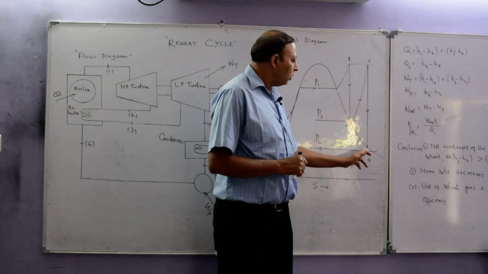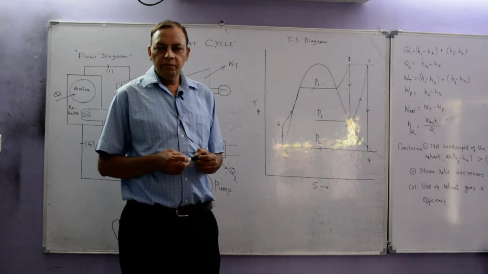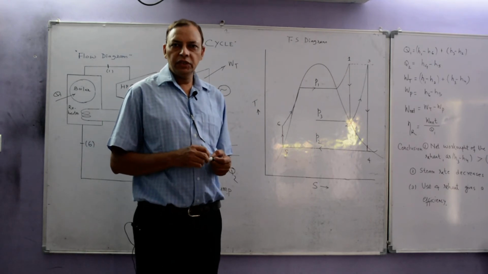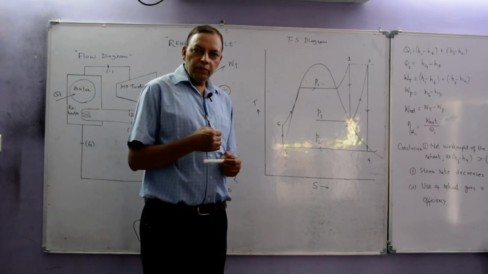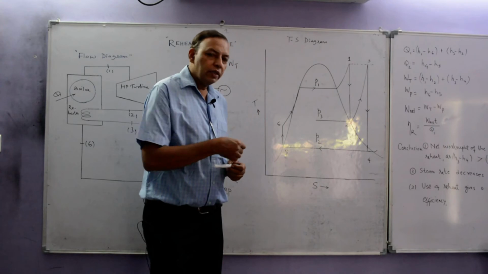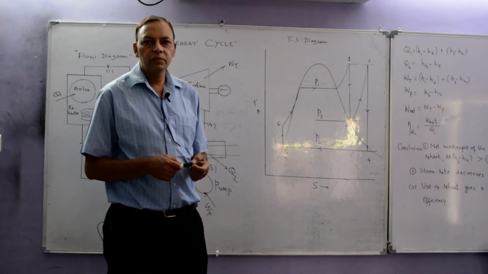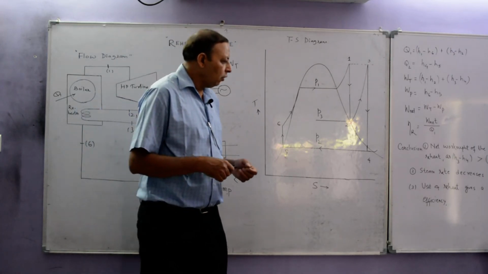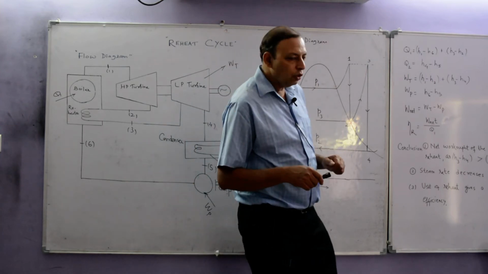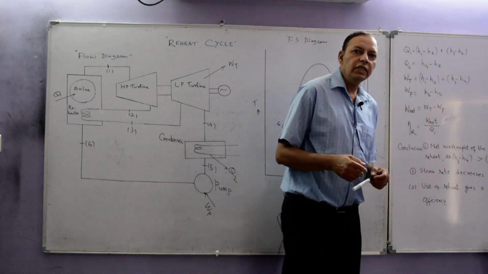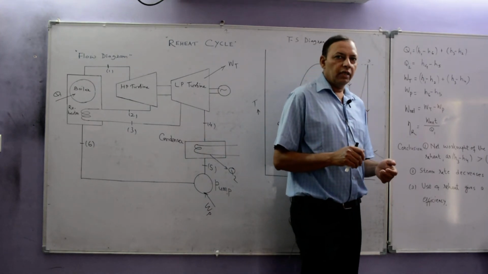Now 3 to 4 is the expansion of steam in the low pressure turbine. 4 to 5 is the condensation process, and 5 to 6 the feed water is pumped from point number 5 to point number 6, means it's the entrance of the boiler. Now with the help of these we can calculate how much amount of heat is added, and we will compare with the Rankine cycle.